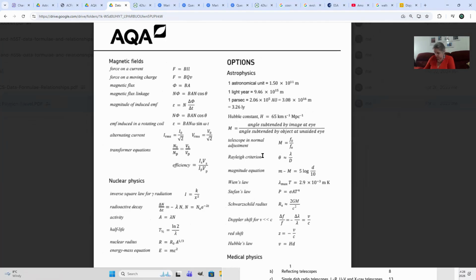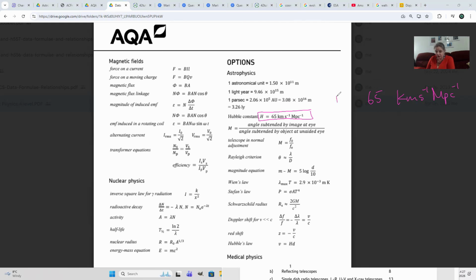Right, the Hubble constant, the best guess, as it were, of the Hubble constant has changed since the course started. So on your data sheet, Hubble's constant is 65, not 73, but 65 kilometers per second per megaparsec. So what we're going to do now is we are going to work out the age of the universe.